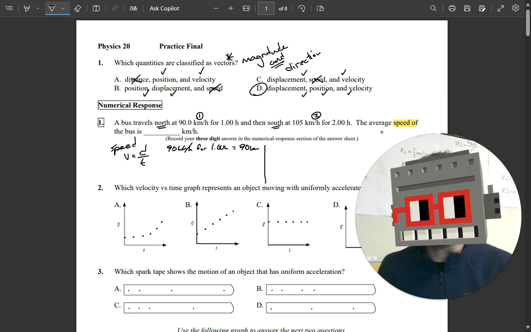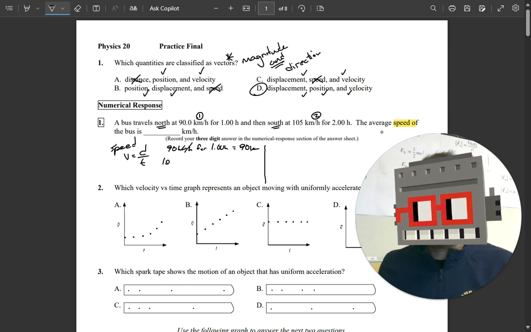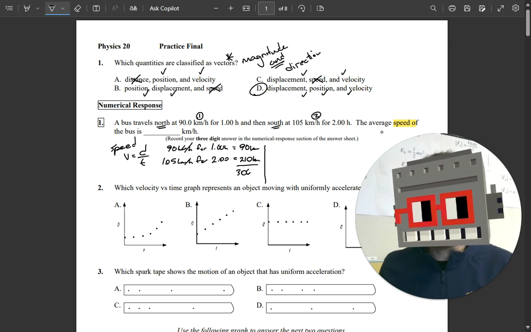And then here, I'm going 105 kilometers per hour for 2 hours. I've gone 210 kilometers. So overall, I've gone 300 kilometers, and I've done this for 3 hours.